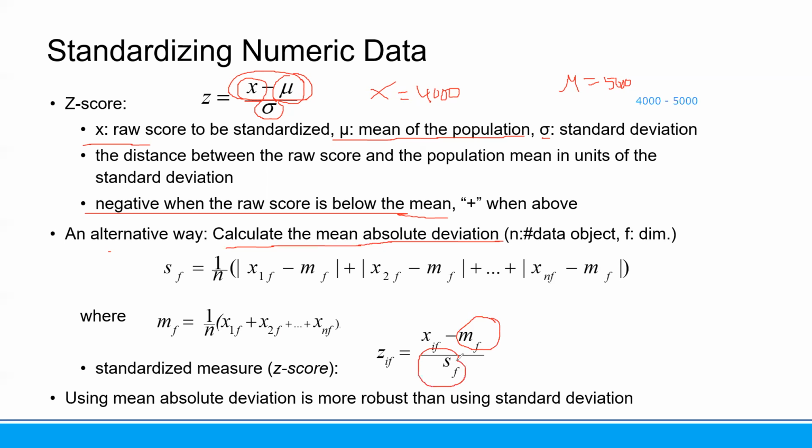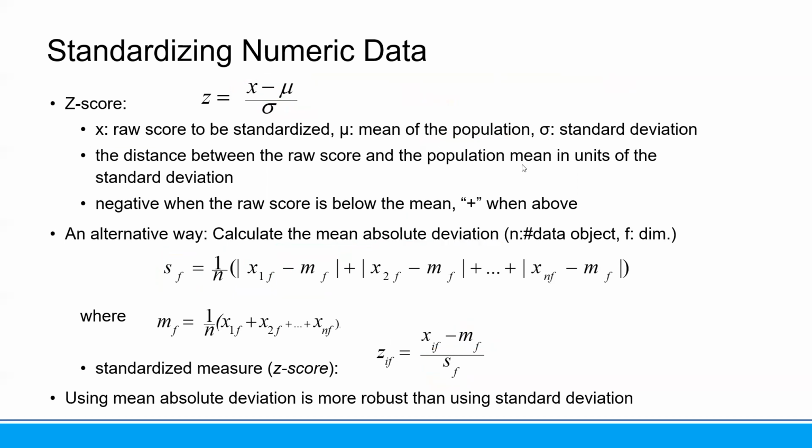The deviation will use the real value minus the average, and then we put the absolute value. So we already have the value standardized based on the standard deviation, and then we want to calculate with the absolute deviation.